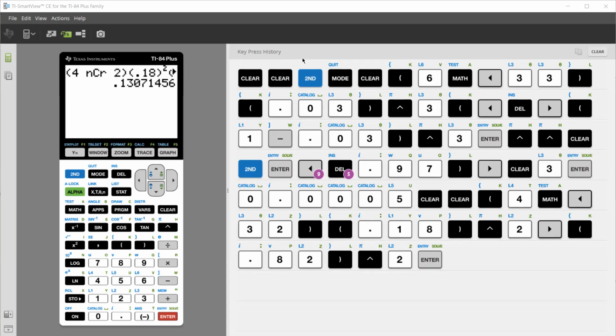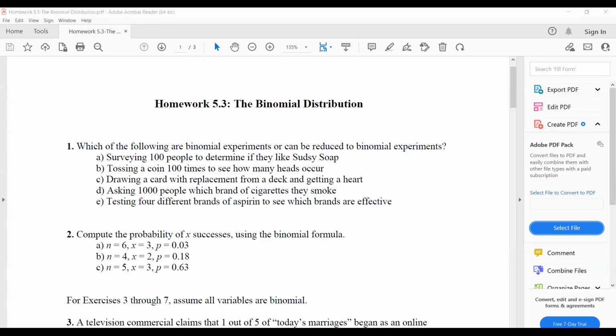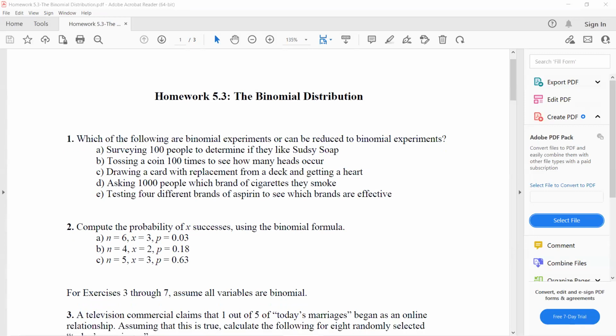So the third one, part C, says N is 5, X is 3, and P is 0.63. Okay, let's see if it works. Are you matching the answers that I'm getting though? Okay, good.